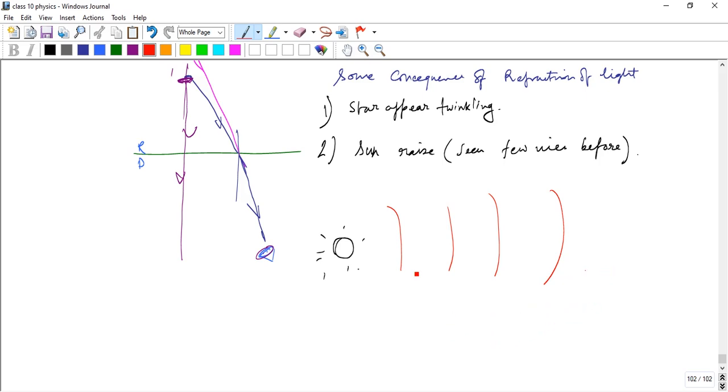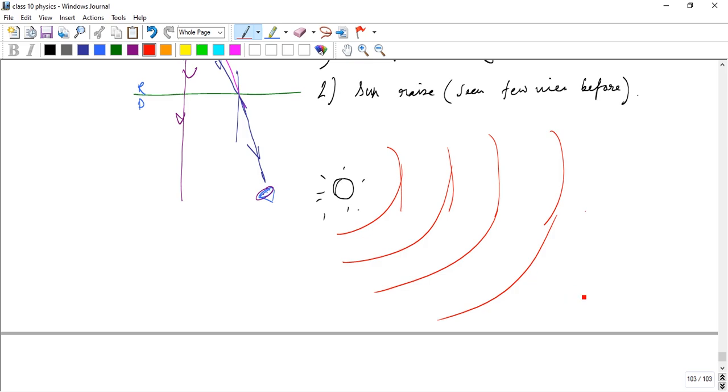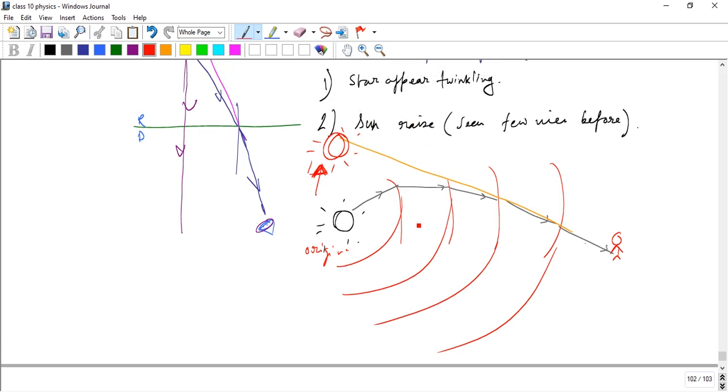The earth is a huge medium, and the observer is standing here. Light travels along this bending path, and the observer sees the sun here instead of its original position. This is due to the mismatch of density, that is, refraction, because the air is denser near the earth's surface.